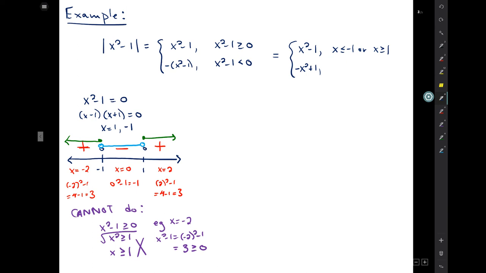That is where my function is less than 0. Again, between minus 1 and 1, not including the endpoints.